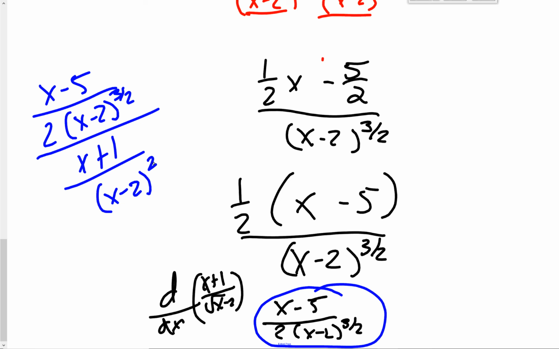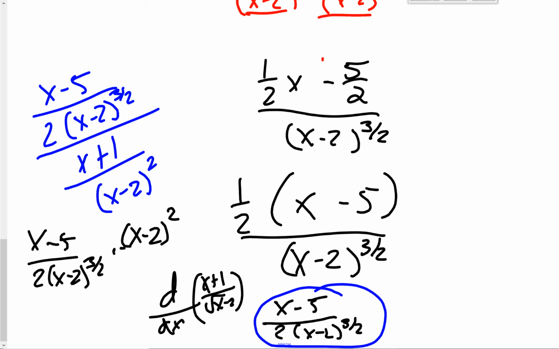And then when I'm dividing by a fraction, I'm multiplying by the reciprocal. 3 halves there, so that'd be x minus 2 on top for x minus 1.